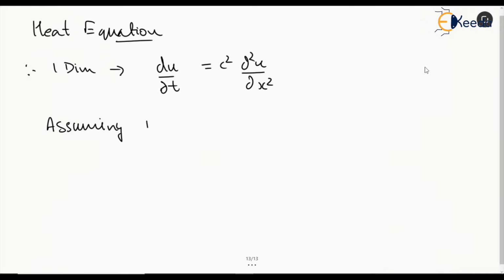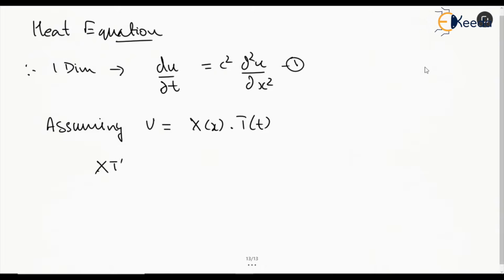that u can be written as a product of two functions, separately of x and t, the one-dimensional heat equation can be written as du/dt, which becomes X T', right?